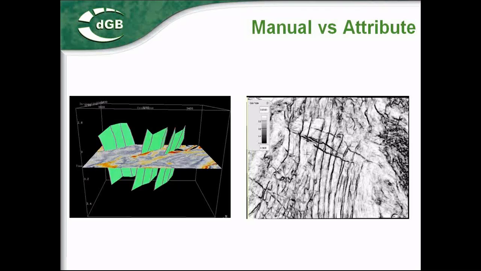The disadvantages are obviously it will take you a lot of time, especially if you have complex fault systems where you have younger fault systems cross-cutting older fault systems, and you have to figure that all out. And even if you apply a lot of time in it, you will still end up with a relatively simplistic model of your fault system.